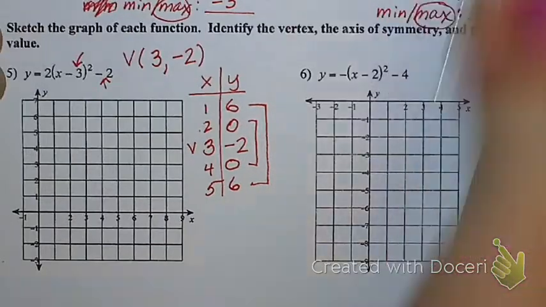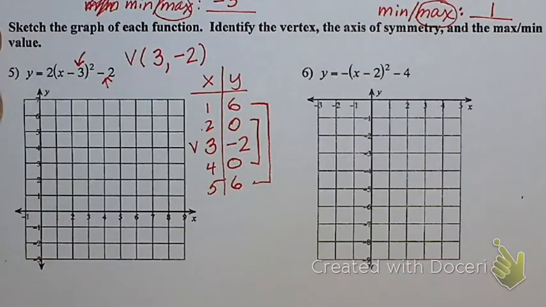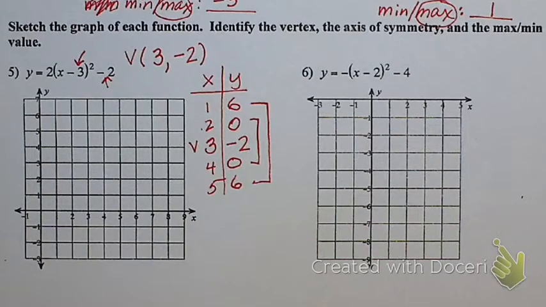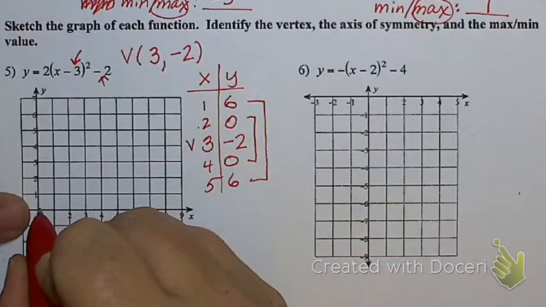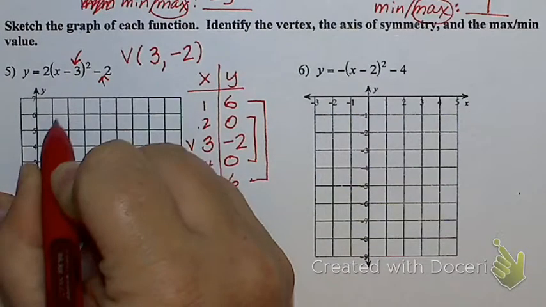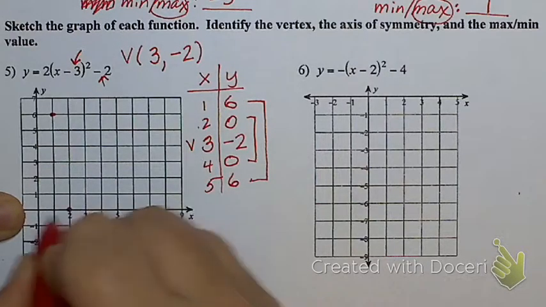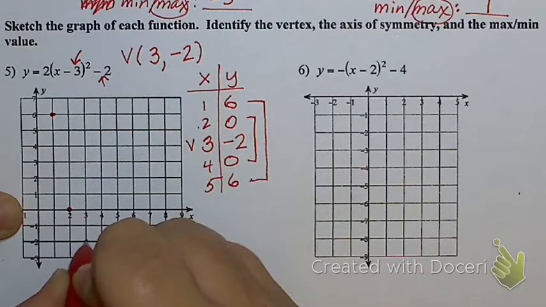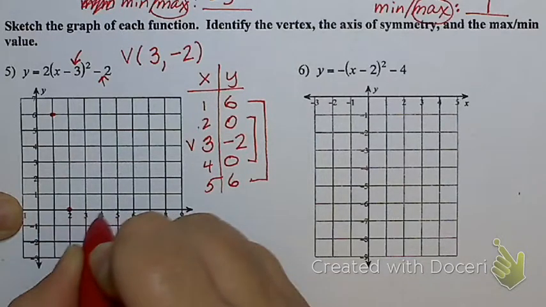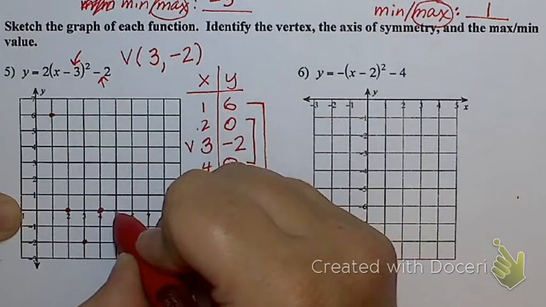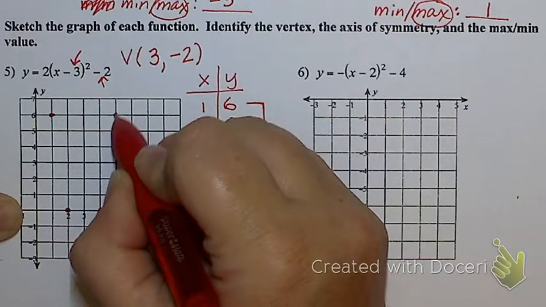Okay, what do I do from here now that I have 5 points? You graph them. 1, 6, 2, 0, 3, negative 2, 4, 0, and 5, 6.